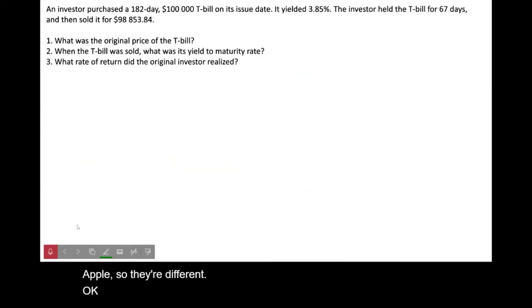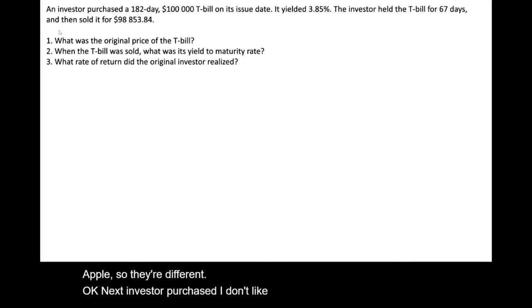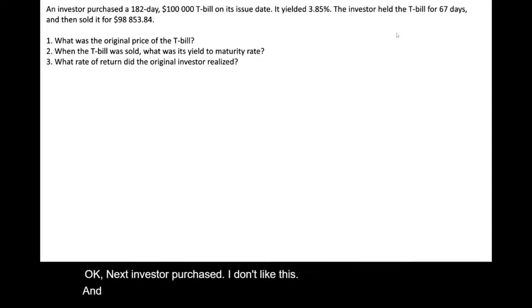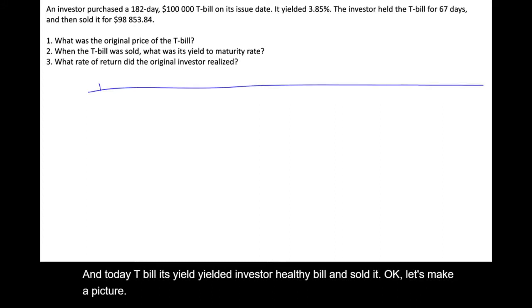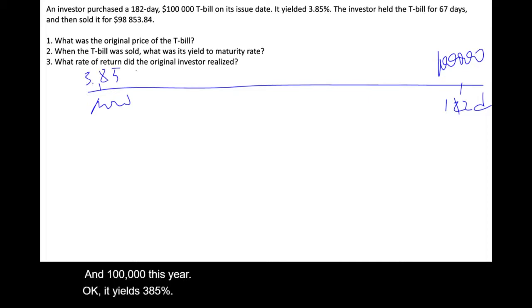Okay, next. An investor purchased a 182 day T-bill, it yielded, the investor held the T-bill and sold it. Let's make a picture. We have a 182 day T-bill of 100,000. It yields 3.85% at the beginning of the game.